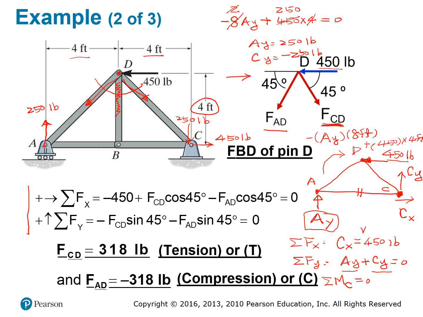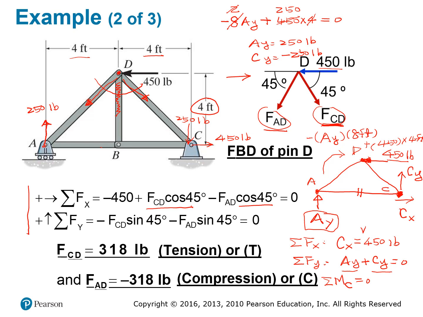That will be F_CD times cosine 45 degrees. For this one here, it goes to the left, so it's going to be minus cosine 45 degrees. You make it equal to 0. Same thing, you do the summation F of y. You only have these two that give you the y component. So, you solve these two equations.